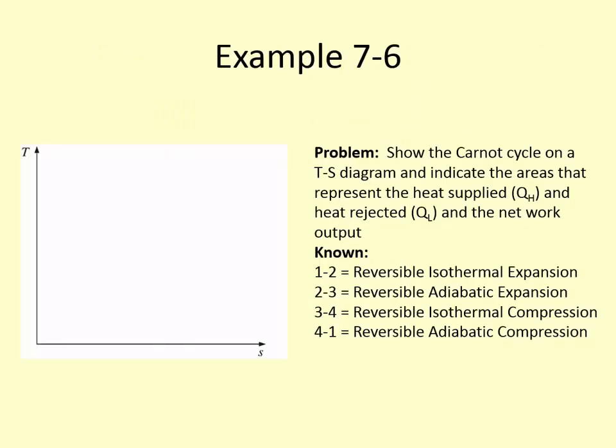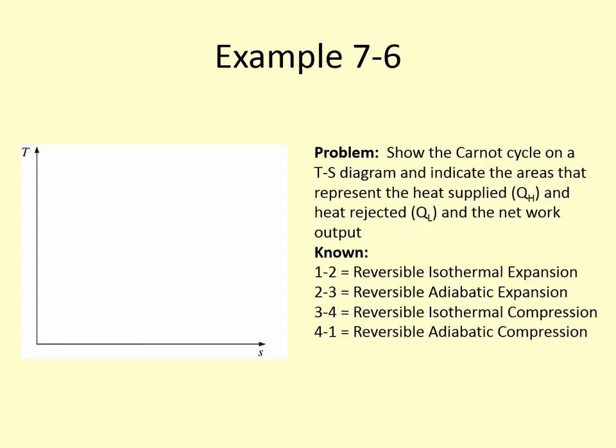So let's just plot one last property diagram to test our understanding of how it works, how enthalpy and entropy are related. So this is the Carnot cycle, the reversible Carnot cycle, that from state 1 to 2, we have reversible isothermal expansion.